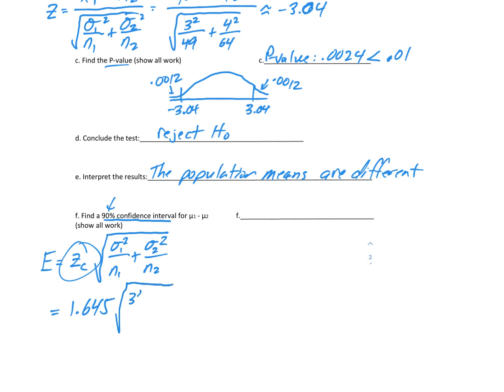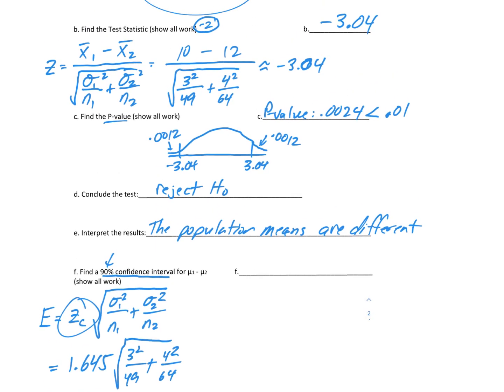Over here, we still got the 3 squared and the 49. We got the 4 squared and the 64. Plug it all into our calculator, and we get 1.08. 99 was 2.58? 99, 2.58, yes. So remember before, we had our x1 bar minus x2 bar, which we already know is negative 2. So this one is going to be negative 2 take away the 1.08.